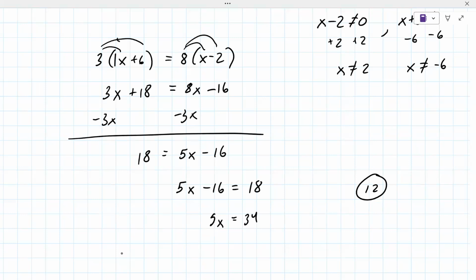And then we would divide by 5. 34 divided by 5 would be 6.8. You got it. Good.